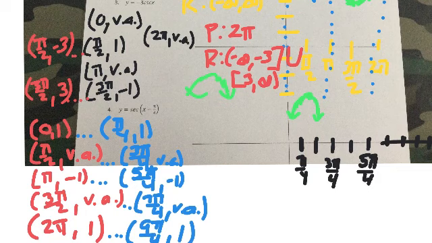Okay, so when I graph those, pi over 4, 1. I don't need to do green. That's going to blend in with the last one. Let's do red. So pi over 4, 1 is here. 3 pi over 4 is a vertical asymptote. 5 pi over 4 is at negative 1. 7 pi over 4 is a vertical asymptote. And then 9 pi over 4 is back at 1.